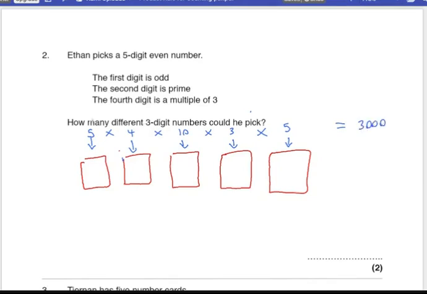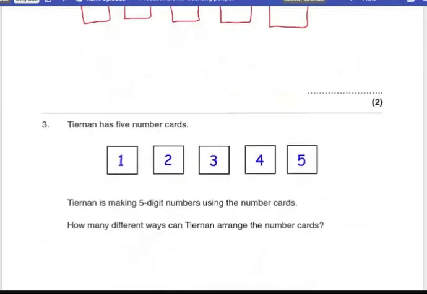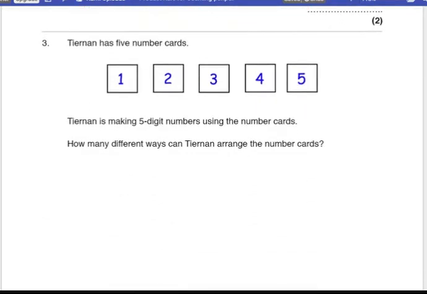Okay, so I think they've miswritten this, how many 3-digit numbers, because it's supposed to be 5-digit. They said 3 digits because they've described explicitly 3 of the things, but then they've also implicitly defined one of the digits by saying that it's got to be an even number. So it should have meant 5-digit number. Oh, okay. Cool. Here is the next question.